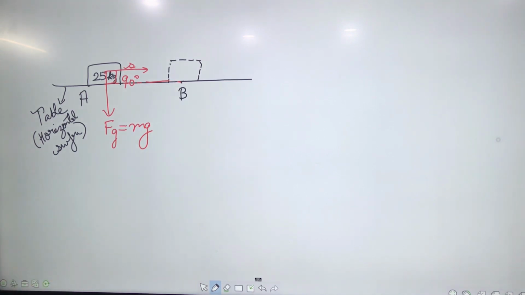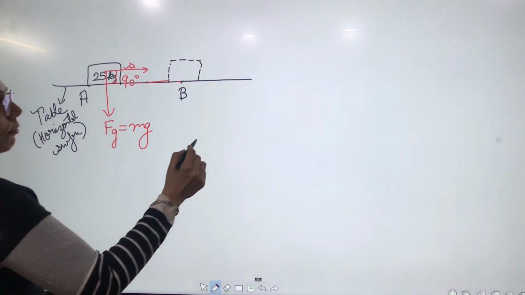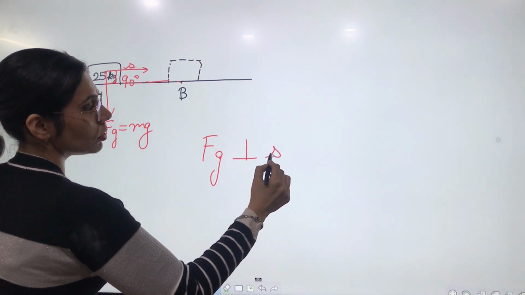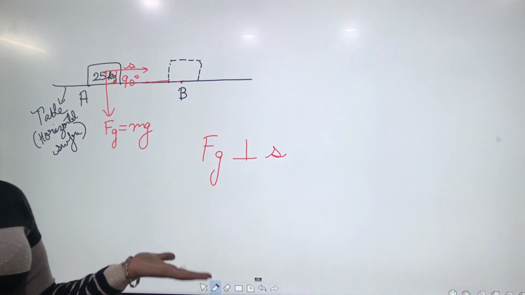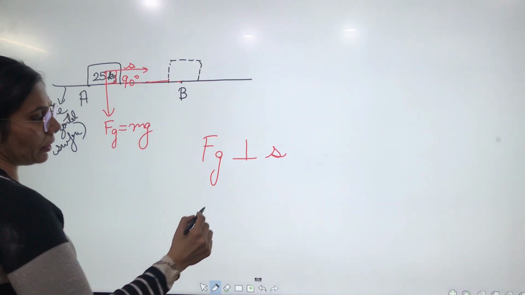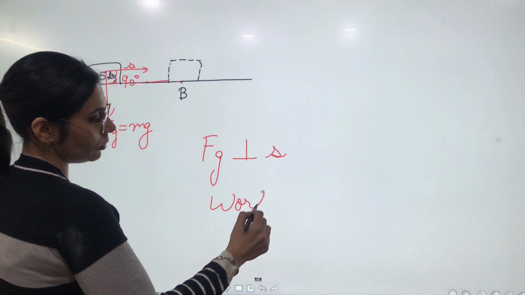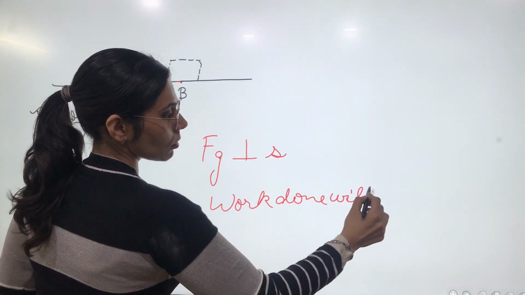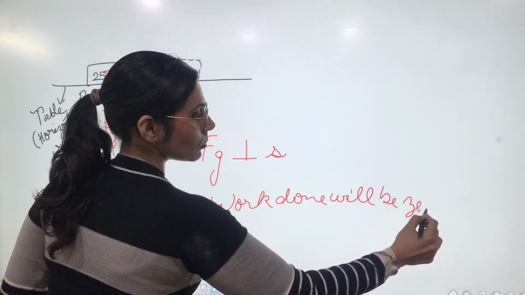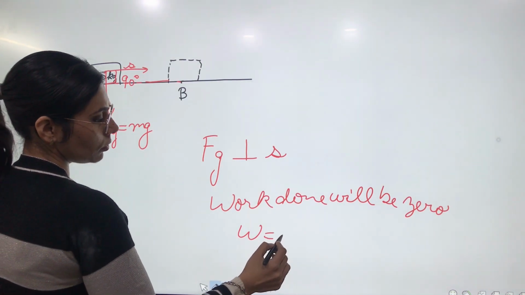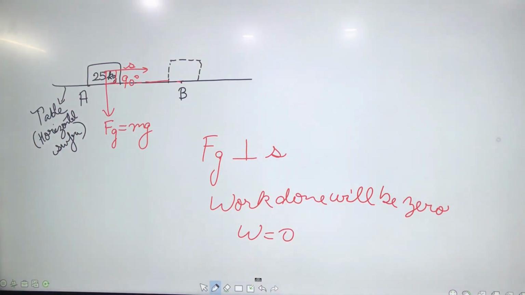That means the force of gravity is perpendicular to the displacement, and when this condition happens, the work done is always zero. So here the work done is equal to 0. Thank you.